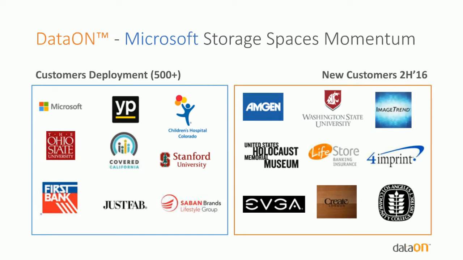And that continues: just this year we have added additional Fortune 500 customer Amgen, and Washington State University. All these are marquee names that have really evaluated the technology of Storage Spaces by Microsoft and said, hey, it is the right solution for us. It is enterprise ready, and we are deploying it.